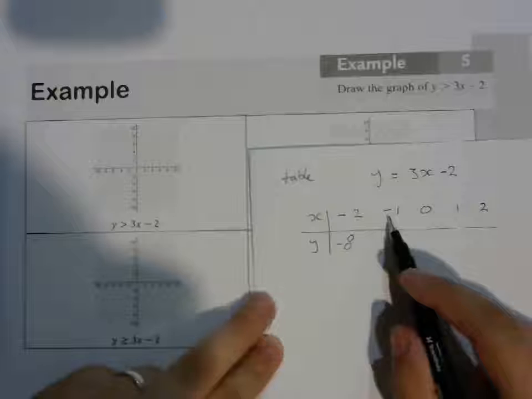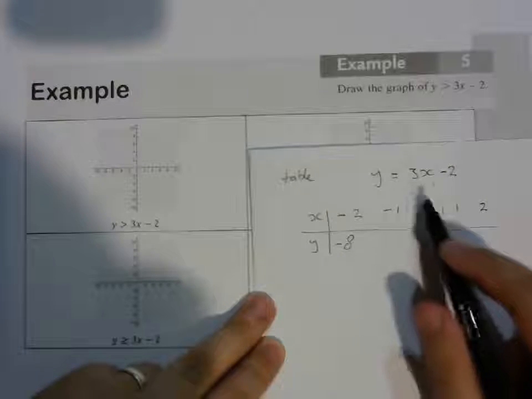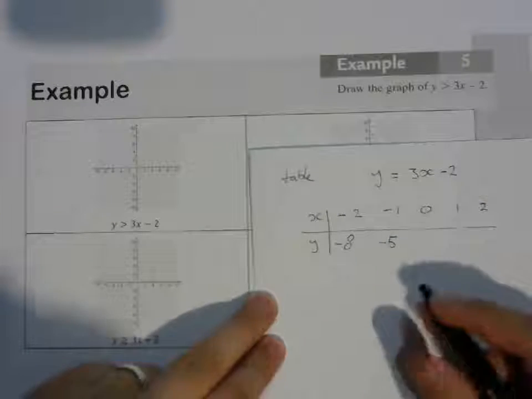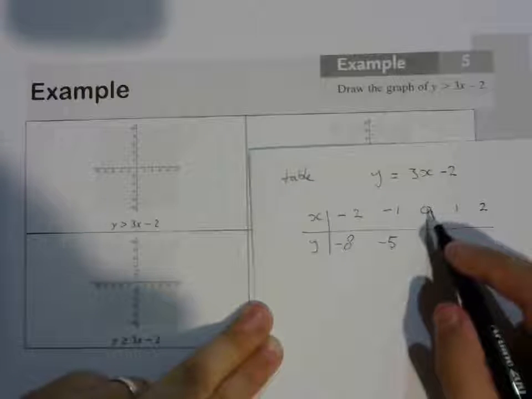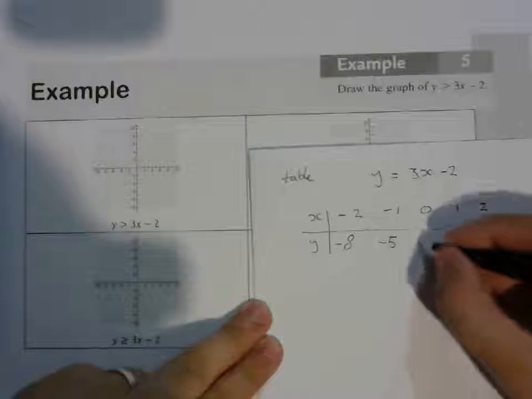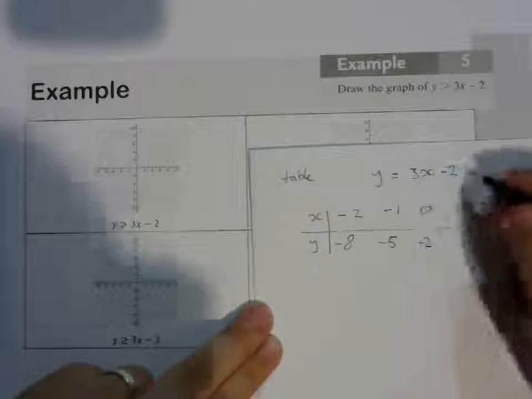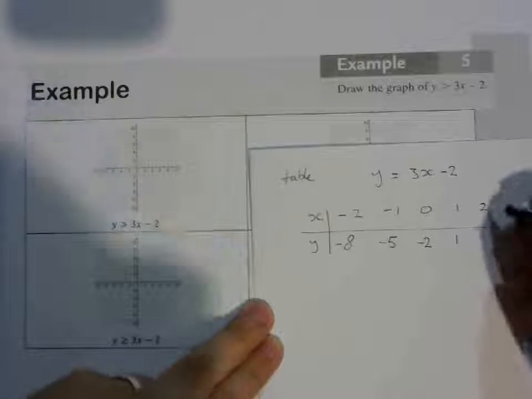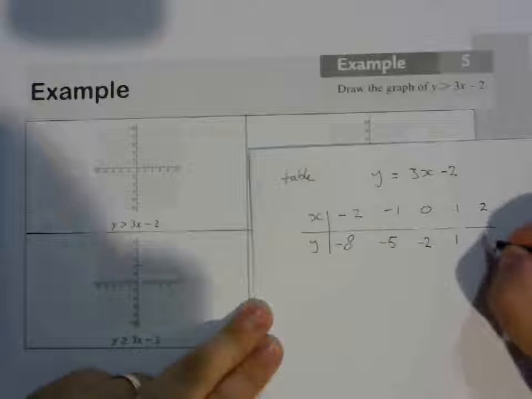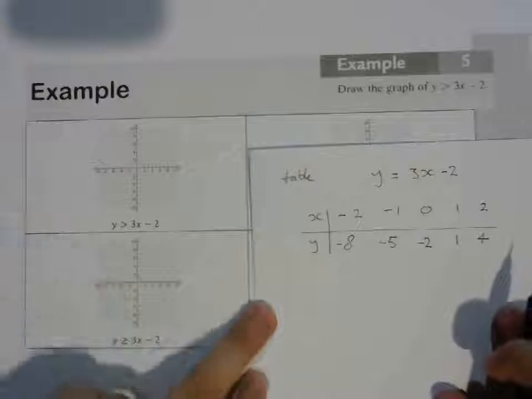When x is -1, we'll have y equals 3 times -1, which is -3, minus 2, which is -5. When x is 0, y is going to be 3 times 0, which is 0, minus 2, which is -2. When x is 1, 3 times 1 is 3, minus 2 is 1. And when x is 2, 3 times 2 is 6, minus 2 is 4. So there's my table of values.